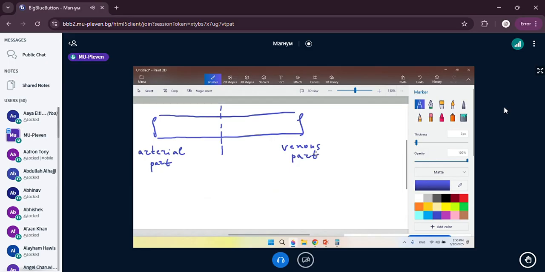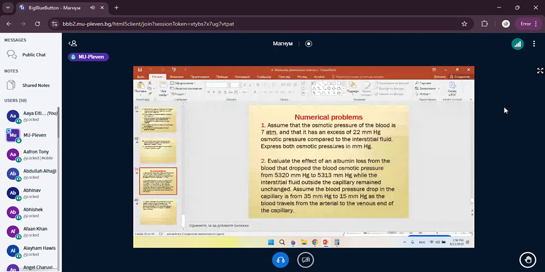So to understand this, I suggest you focus on a problem, to use some numbers to be able to understand that. So let us initially read the first problem given here.